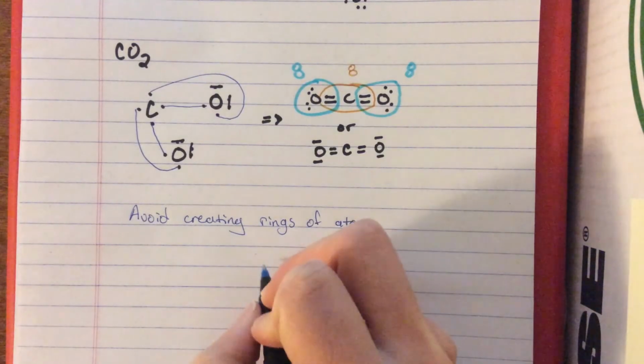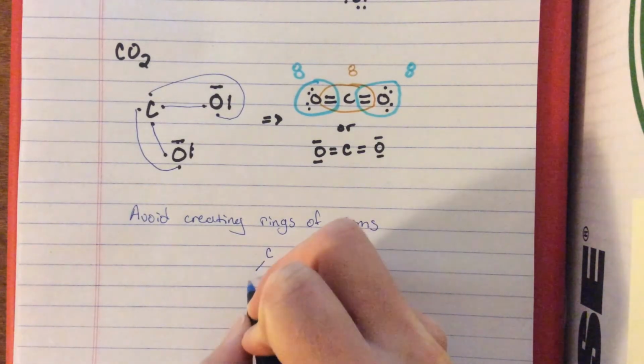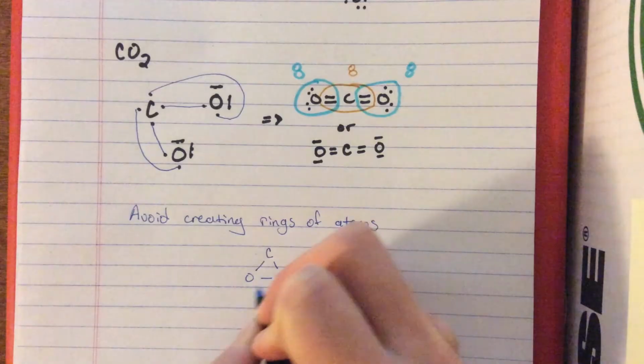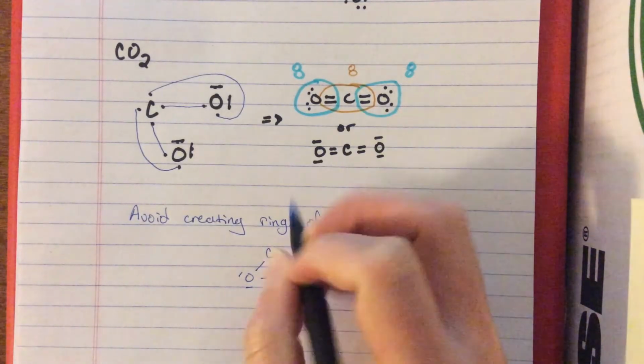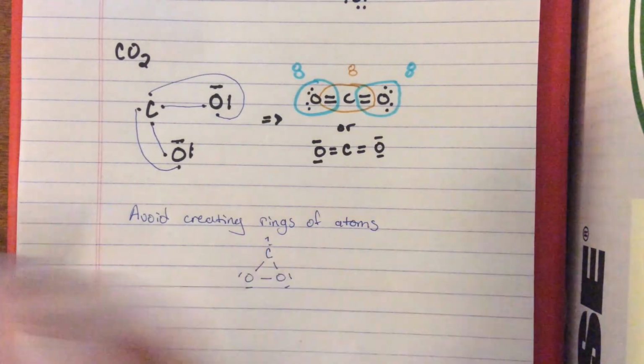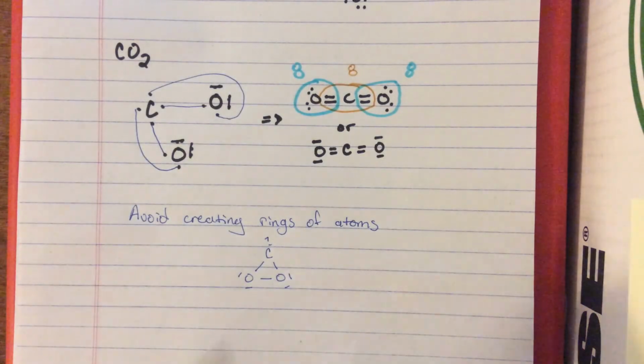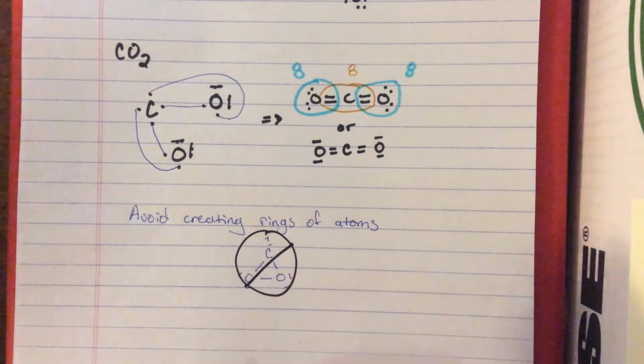So we would not see something like the carbon bonded to the oxygens in a ring like that. Not even sure how we would finish that structure. We'd avoid creating rings in our drawings.